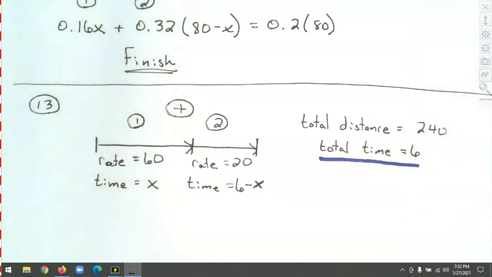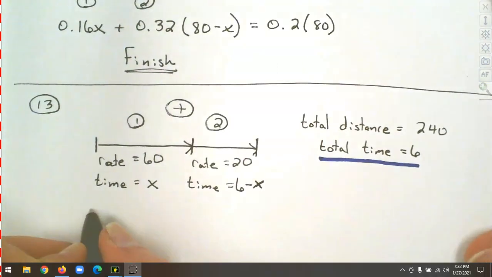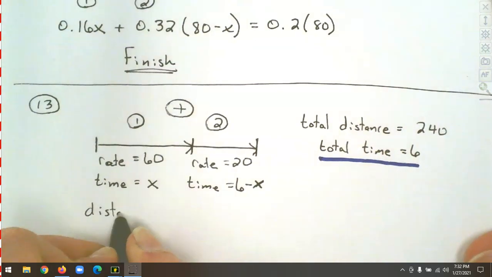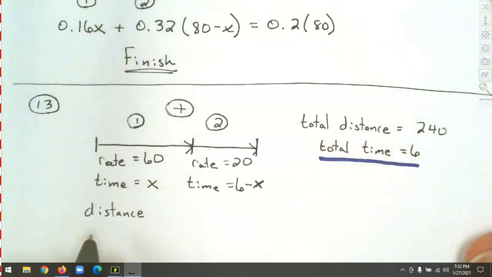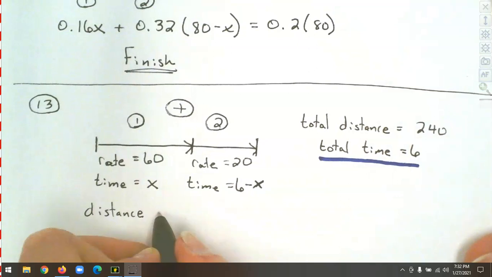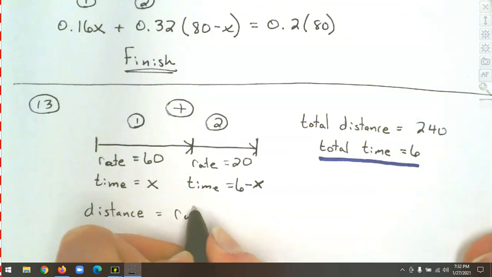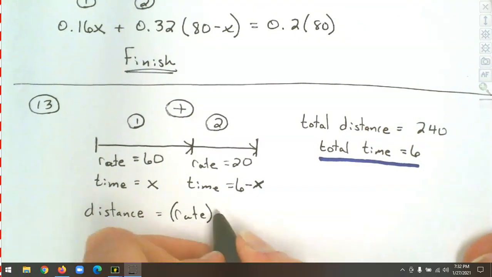X. Very similar to what we just did a moment ago, right? Instead of amounts, we've got times. Now we can find our distance. And what's your distance? Distance is the rate of speed times the time.